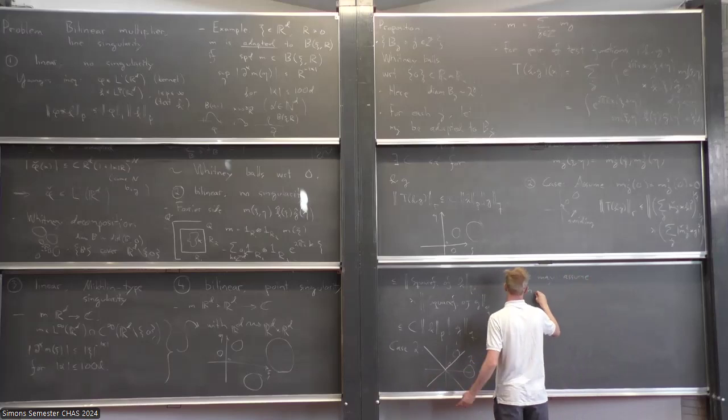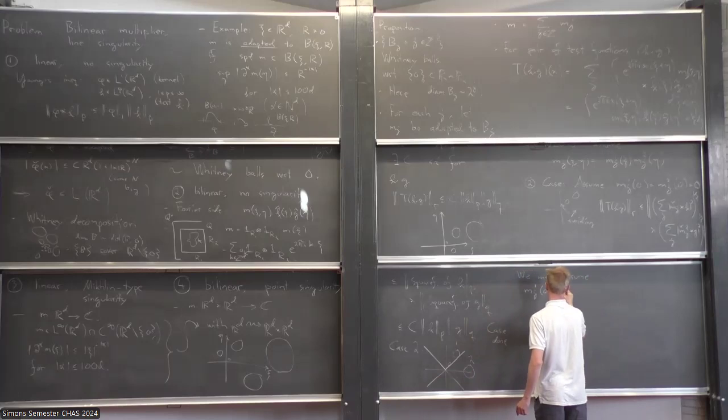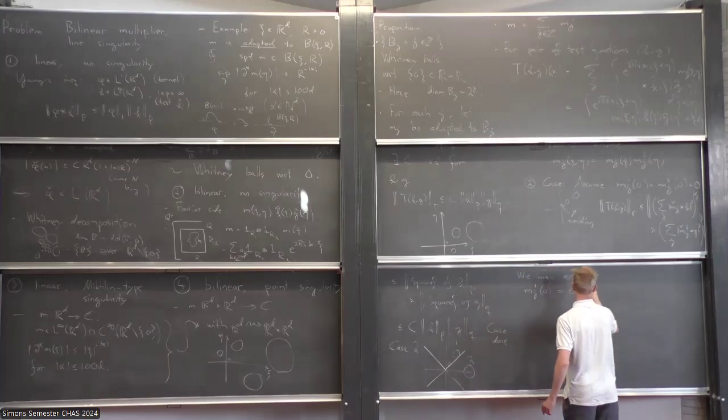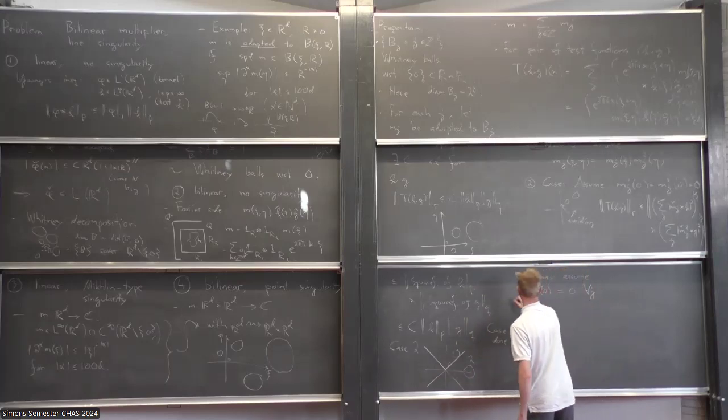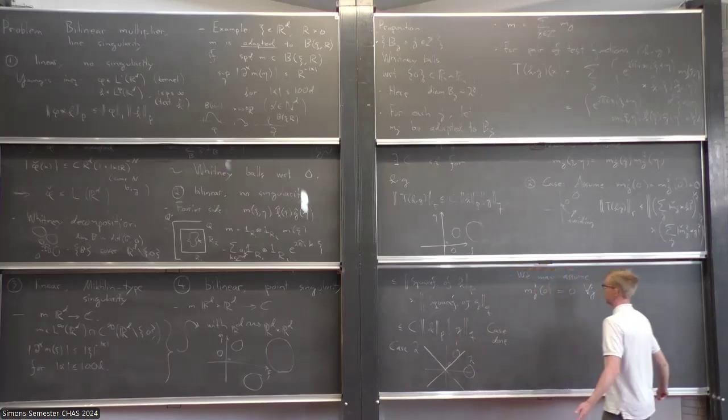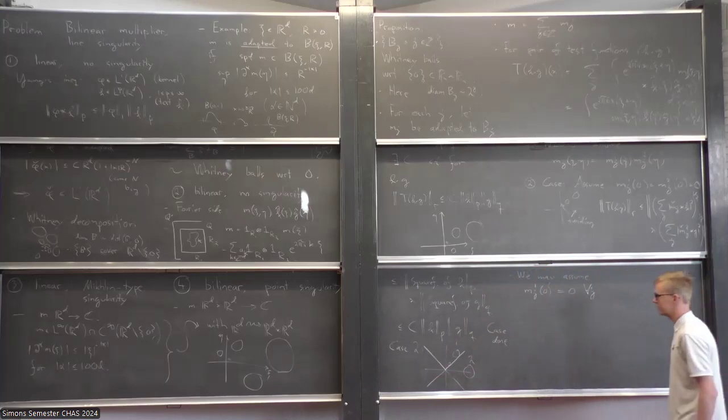And now these cases are symmetric, so we may assume that this 0 is okay. And for nj2, we don't know anything.